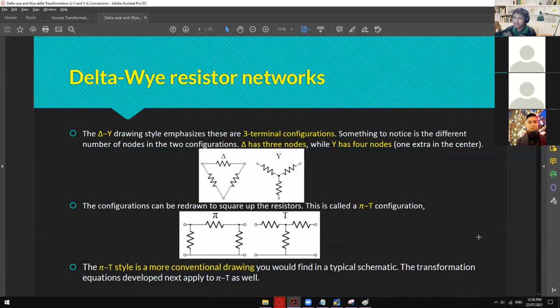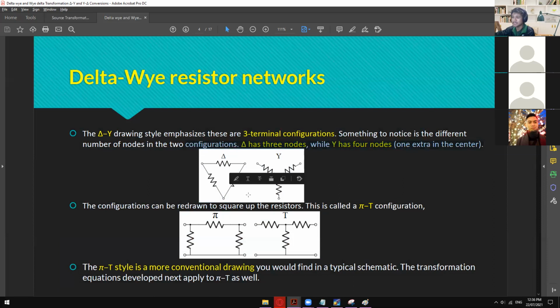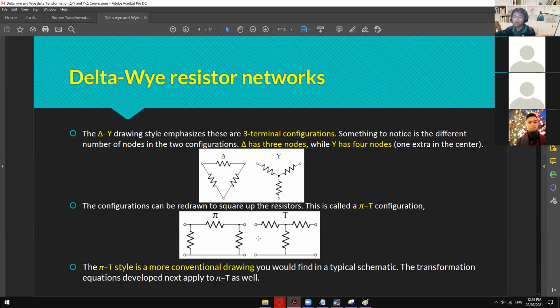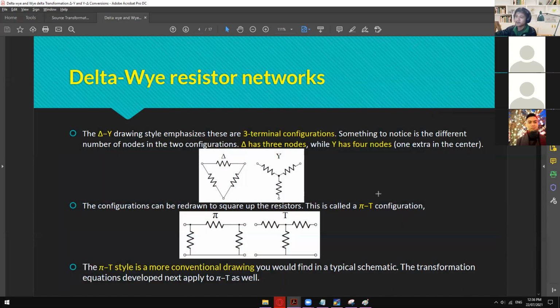So at the end of the day, we're going to transform this pi configuration into a delta configuration. Itong nasa taas na ito. It's just that parang guguluhin kasi kayo. Initially, bibigyan kayo ng pi configuration. It's not directly on the delta configuration kasi kapag nasa delta na siya, then napakabilis na lang.